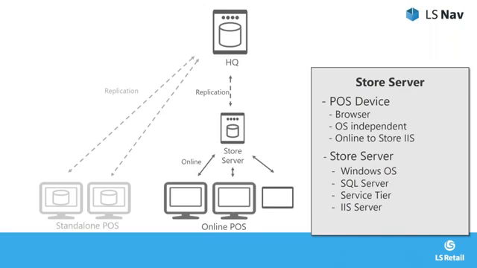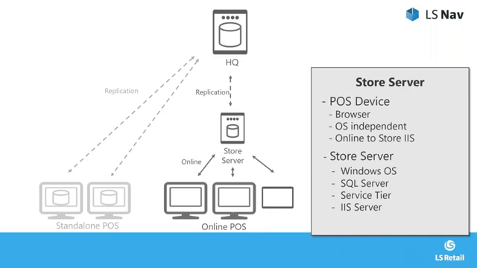Or in your scenario where you have POSes in a store, but at top peak hours you need more devices, or you want to interface with the customer. That's, for example, the tablet on the right, where you can add a tablet, for example a 7-inch tablet, out on the floor with the customer, interacting with them with the full-blown functionality of a regular POS, as a browser, on an iPad, for example.